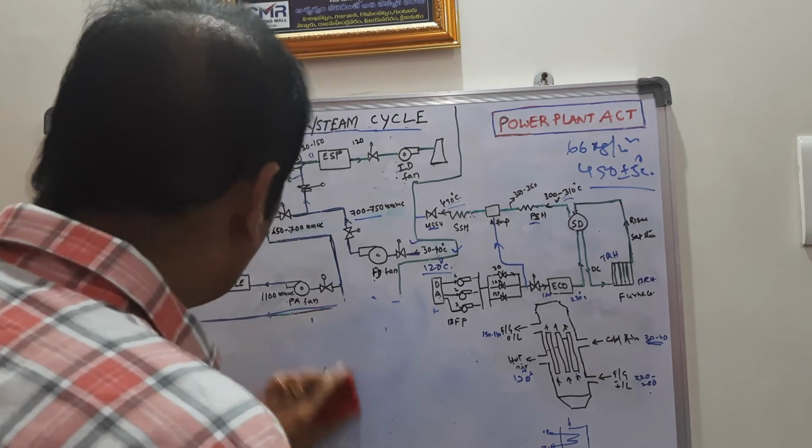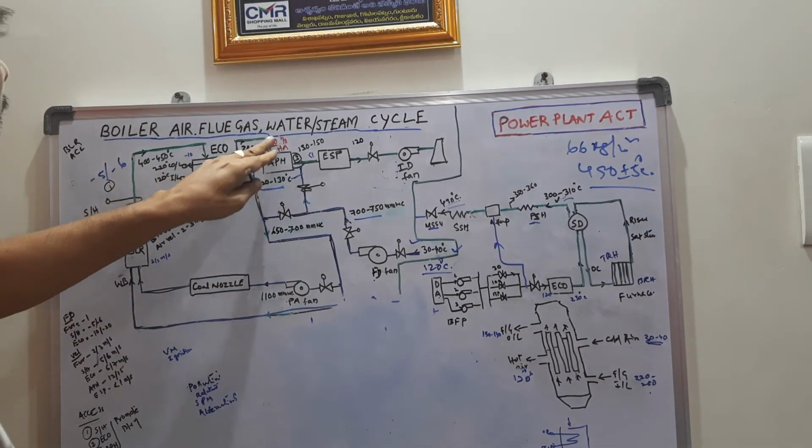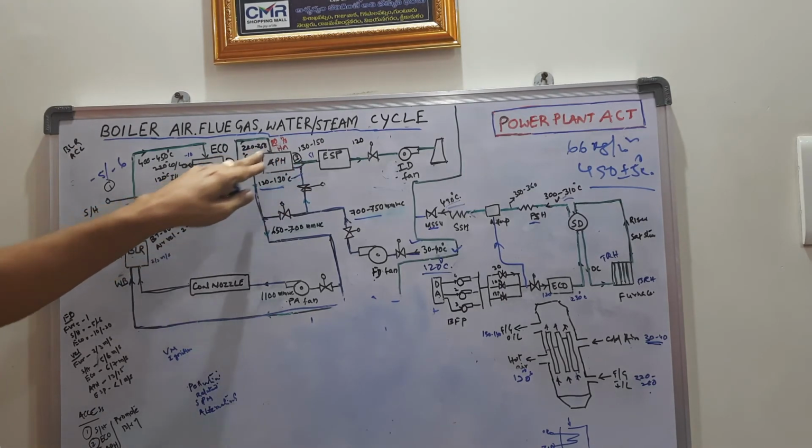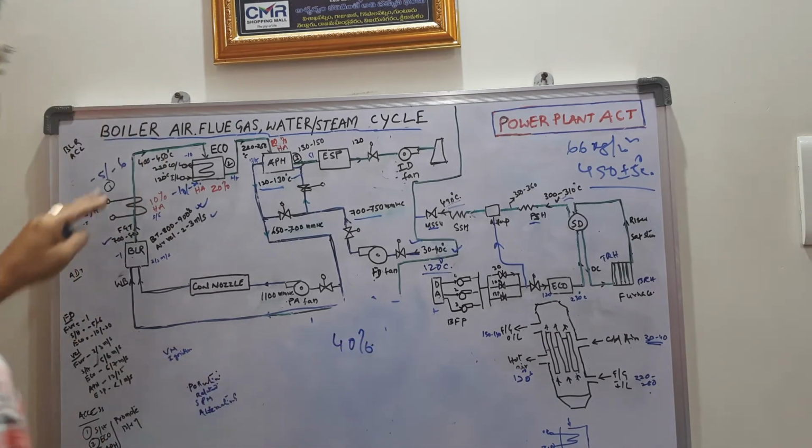So total 40%: 20, 10 and 10. Total 40% heat is extracted from flue gas.